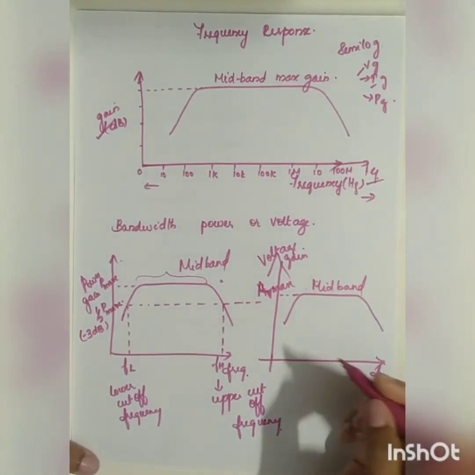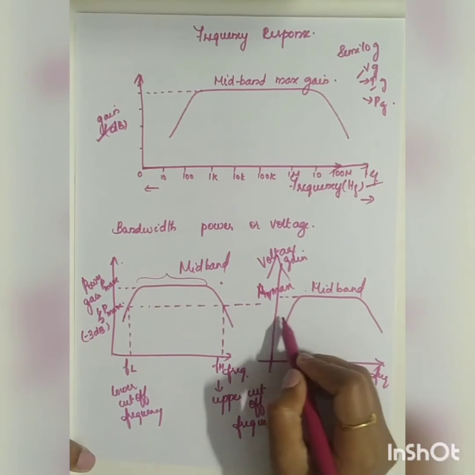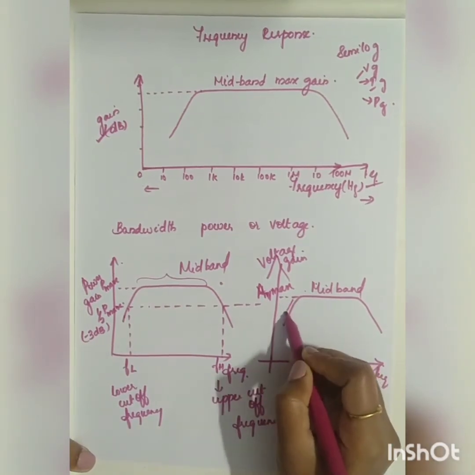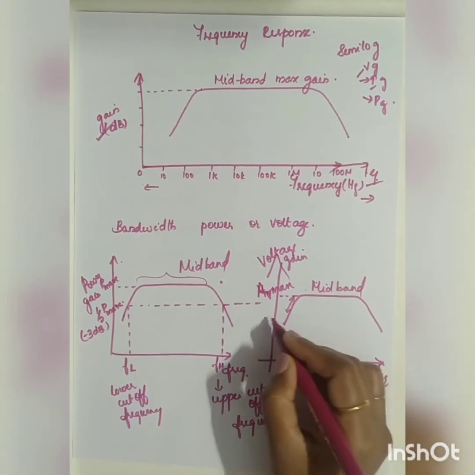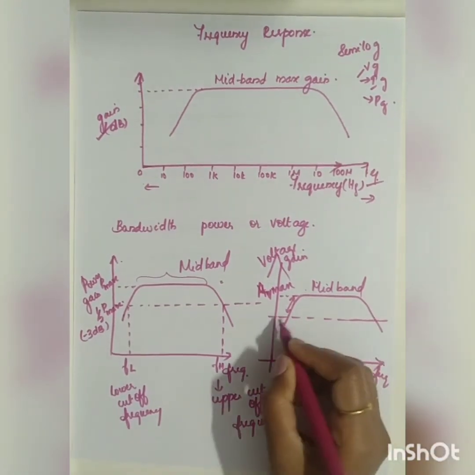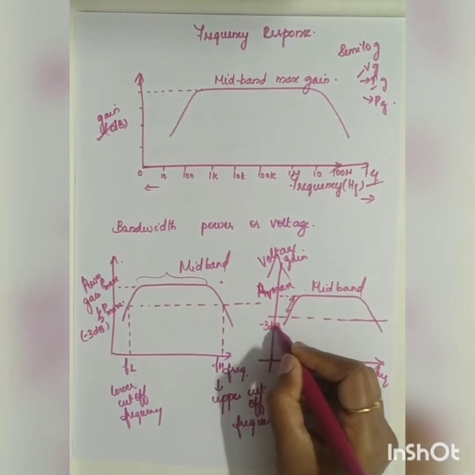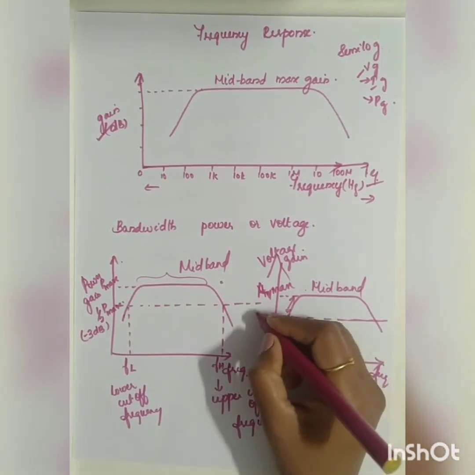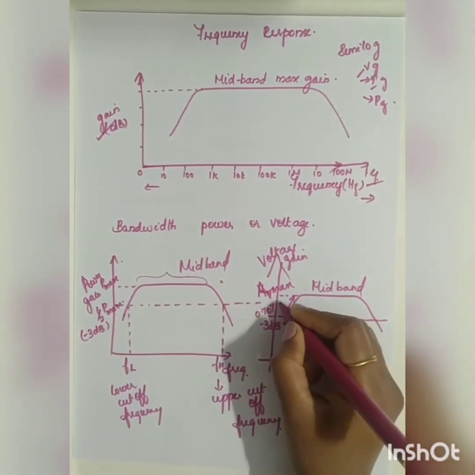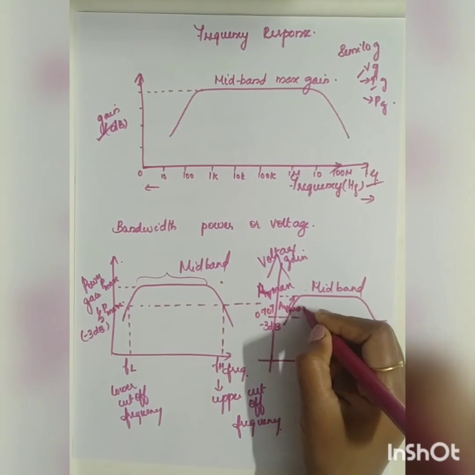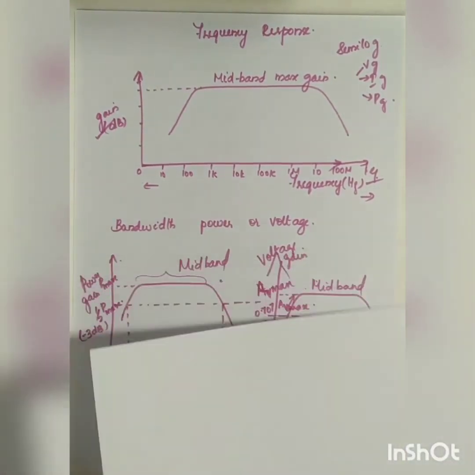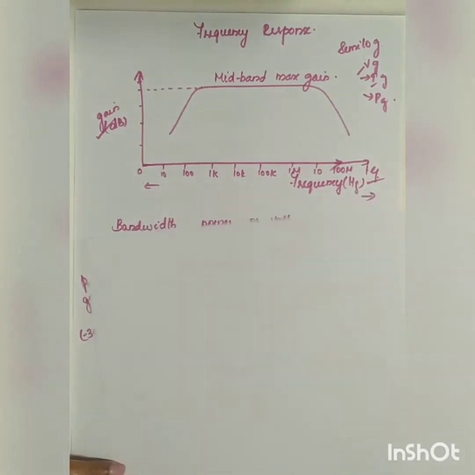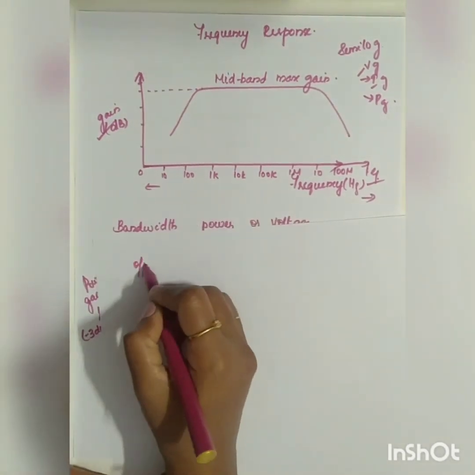There is a point where your voltage gain drops to 70.7% of your mid-band value. That is called your minus 3 dB point. So what is the value here? 0.707 AV max.